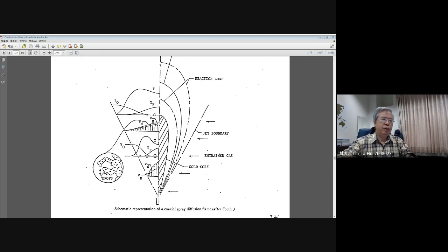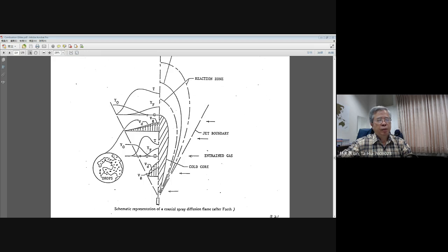And if you look at the concentration distribution and also the temperature distribution based on the spray flame consideration, you can see in the middle part here, as I already mentioned, there is some fuel vapor supplied from the interior of the spray core, then the fuel vapor comes out. And here at the center, you will have the highest fuel concentration, but the fuel vapor concentration decreases to almost nothing at the reaction zone, because some oxygen diffuses in to burn with the fuel vapor.